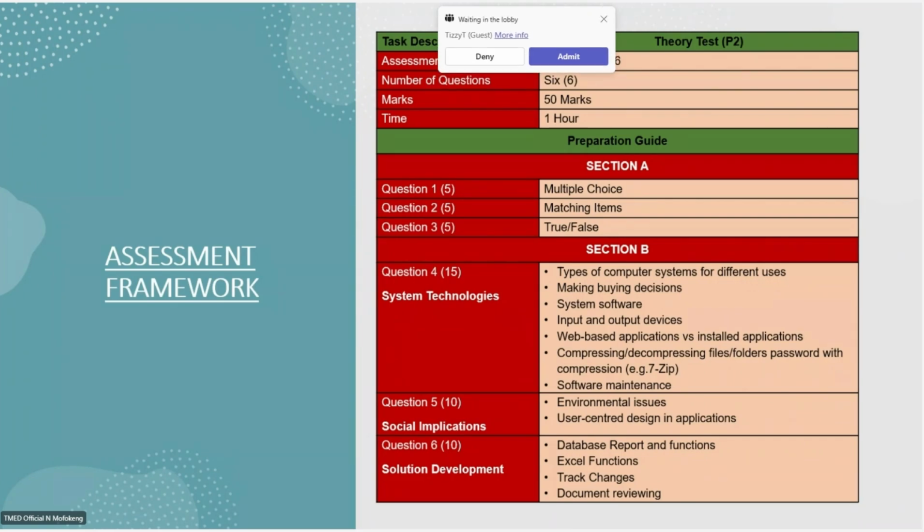So as indicated, we are writing on the 10th of March, and our paper will have 6 questions. The total mark for the paper is 50 marks, and the time is 1 hour. Now in section A, we'll have question 1, which is multiple choice for 5 marks, question 2, match items for 5 marks, and question 3, true or false for 5 marks.